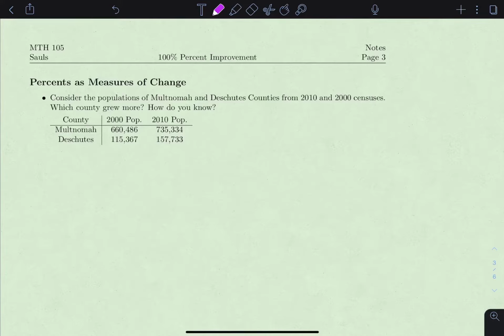So the issue with this question, though, is that it's ambiguous. There's at least two ways to answer it. One, measuring the number of people that changed, and two, measuring the percent change.